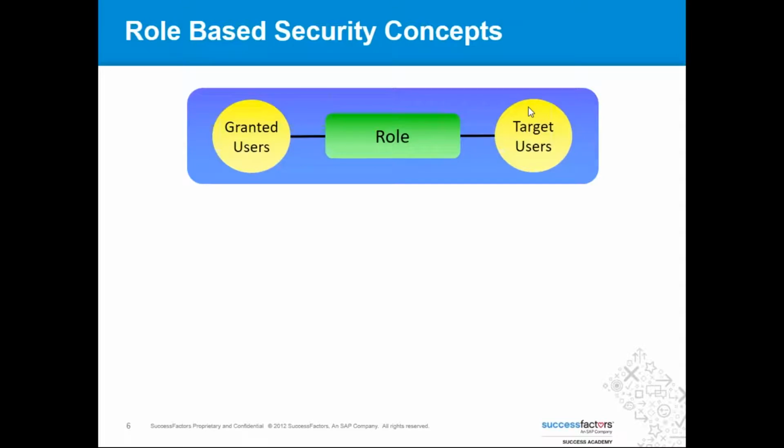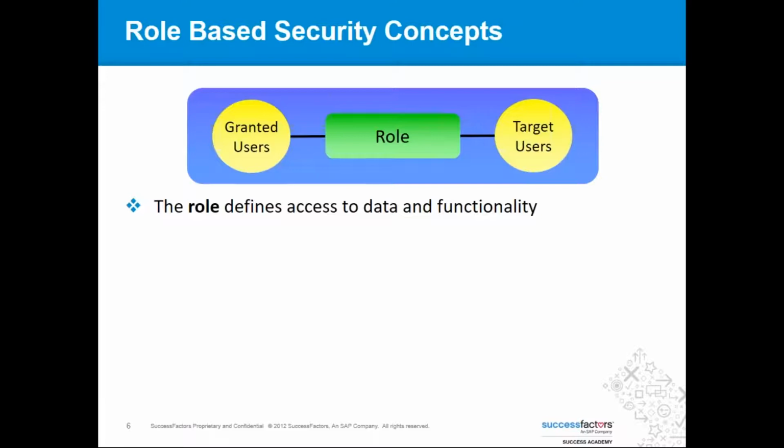Okay, so the SuccessFactors permissioning model works on these 2 things, the roles and the groups. As I told you, the role is the one that defines the complete permissioning with respect to access to any data or any functionality in the system. Can you see this data? Can you edit this data? Can you read this data? Can you perform this functionality?